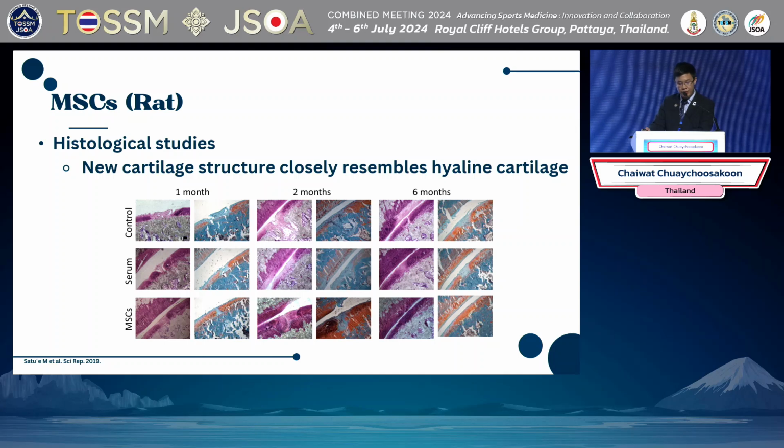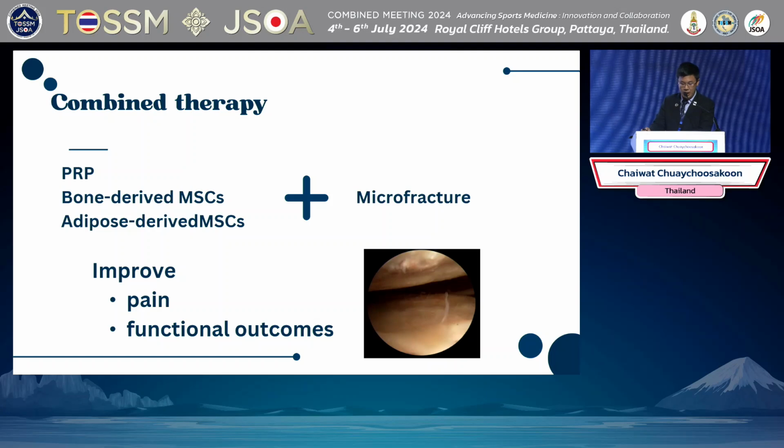This is the rat model study, and Professor Satu found that the healing with this technique is quite good. The surgeon can also combine injection with a procedure, such as combining PRP, MSC, or microfracture. We found that this technique can improve pain and functional outcome.